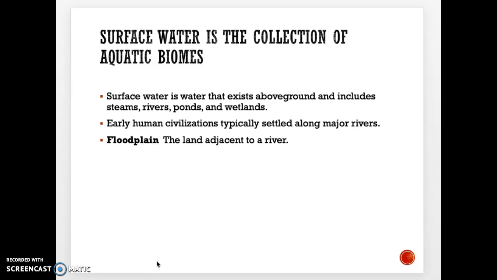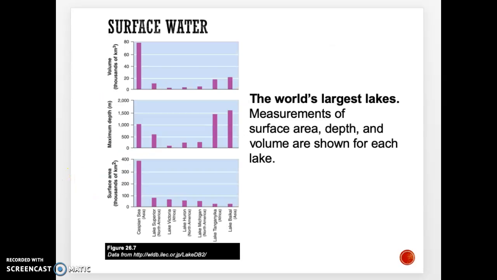Floodplains, which are flooding zones that occur next to rivers when they overflow on a seasonal basis, provide very rich soil, and oftentimes loam, very productive soil that these early human civilizations were able to survive upon. I think I mentioned that in class on Tuesday, but anyway, that's it for floodplains.